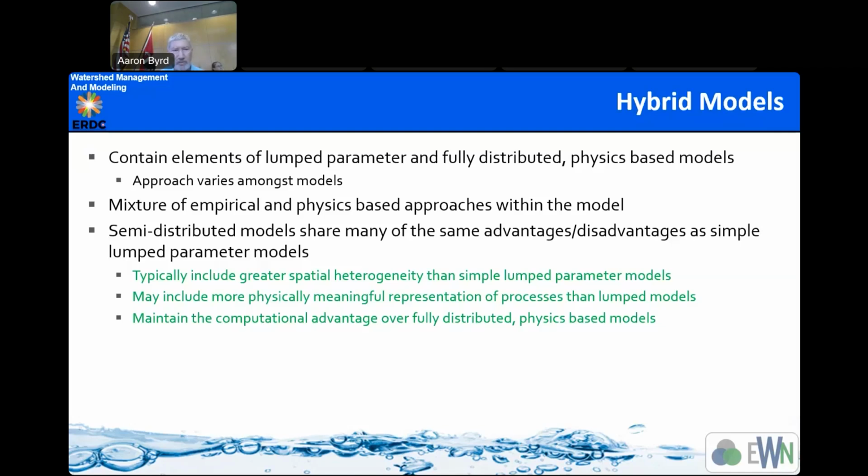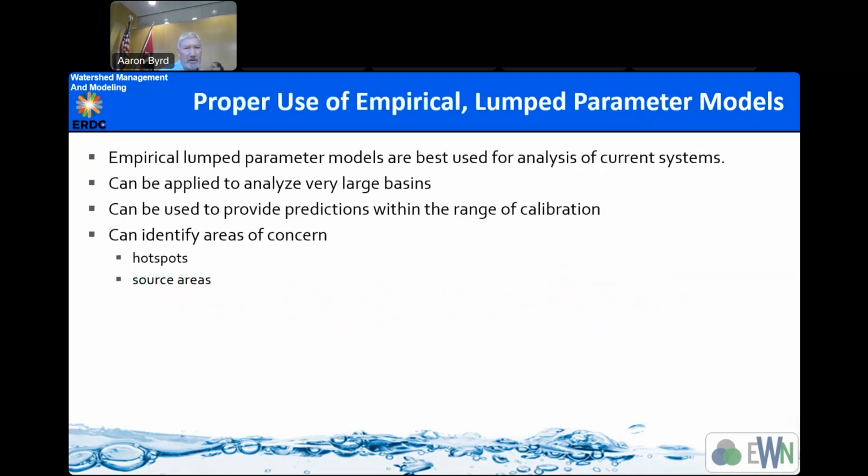They typically include greater spatial variability than the lumped parameter models do, and they may include some physical processes in their models instead of just empirical representations. And in general, they maintain the computational advantage over the fully distributed physics-based models. They're not going to add enough stuff to make it a beast, I guess. That's what I would say.